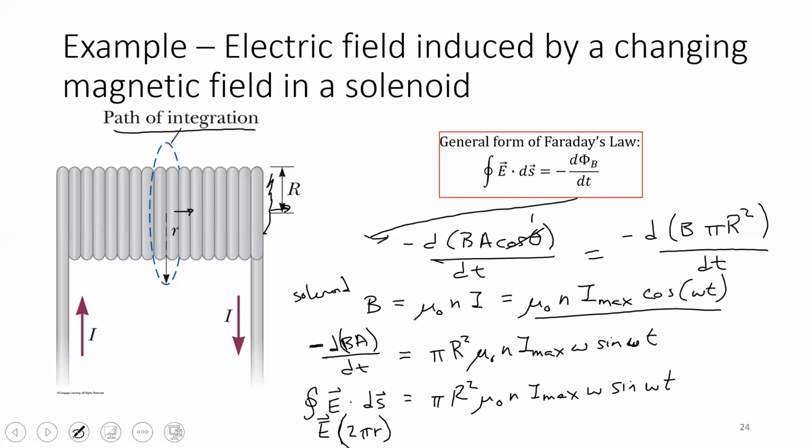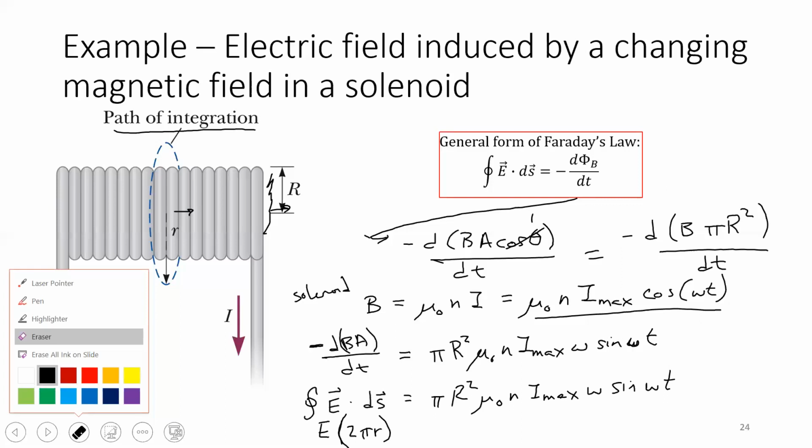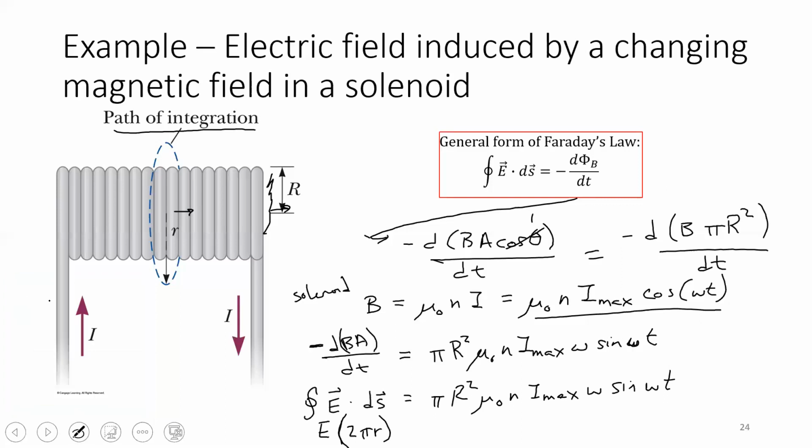And again, I don't need that line up there. So our magnitude of E times 2 pi r should equal this stuff on the right-hand side. So pi R squared mu0 n, which is our turns per unit length, I max omega sine omega t.